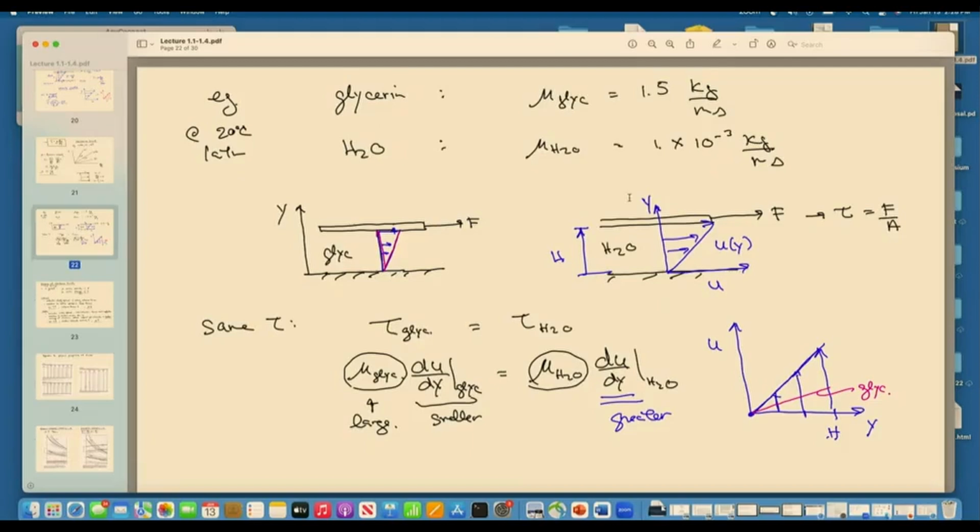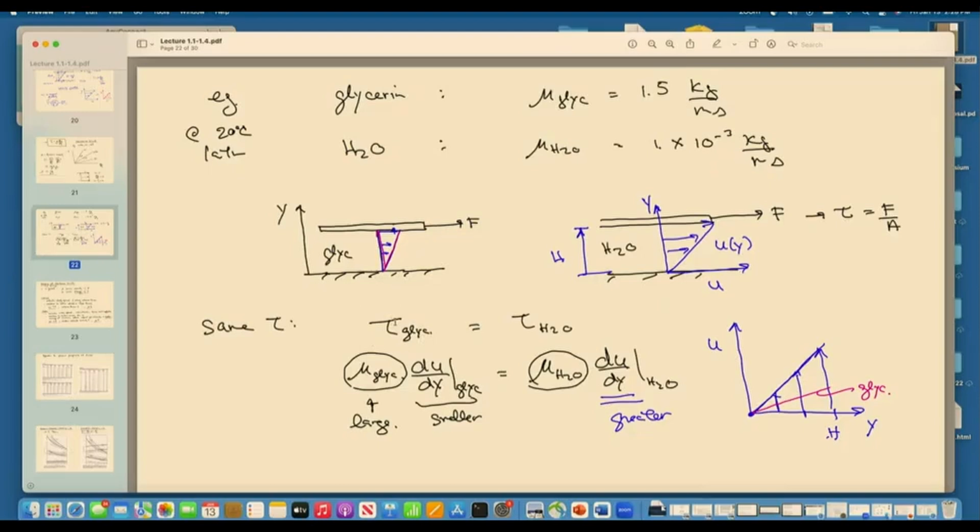So what is the effect? Let's look at the same flow configuration we've been looking at, where we've got a layer of fluid. In one case it's glycerin, in the other case it's water. The lower wall is fixed. On the upper plate, we impose a force, the same force in both cases. We consider the same area, so it's the same shear stress imposed in both cases.